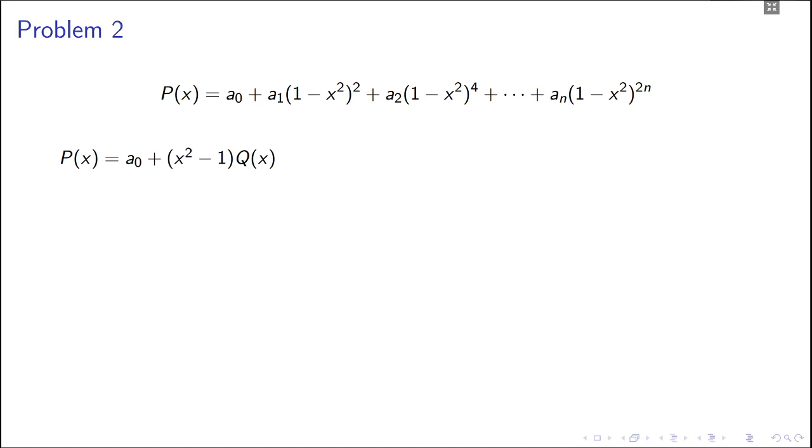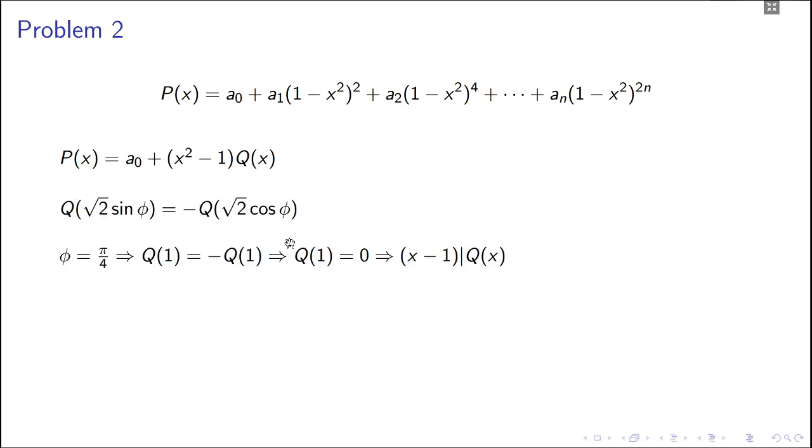We have seen that Q(root 2 sin phi) is minus Q(root 2 cos phi). Again, you put some values: put phi equal to pi by 4, you get Q(1) will be minus Q(1). Both will be 1. That means Q(1) is 0, so x minus 1 divides Q(x).